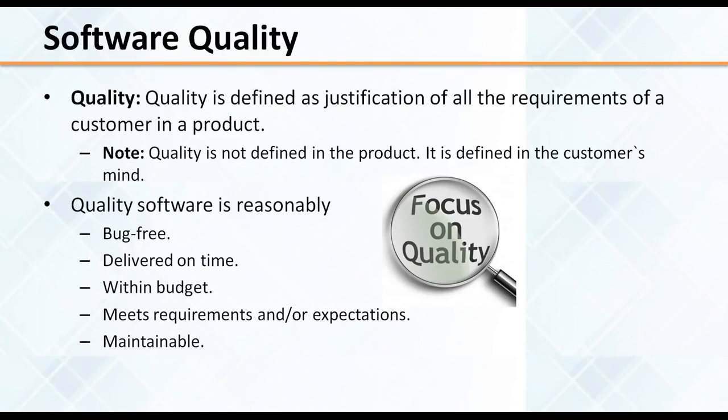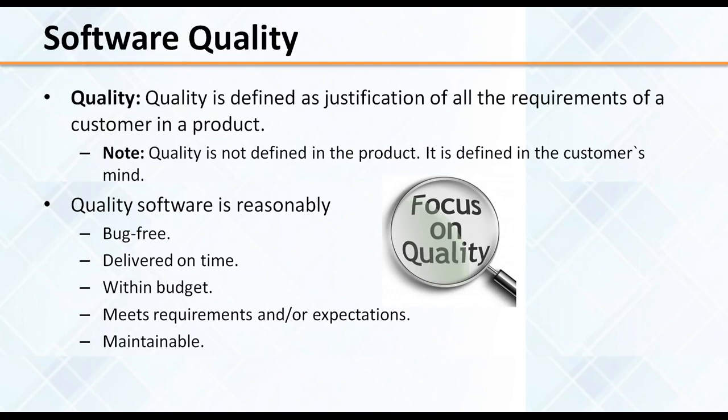Now we are talking about quality. The main objective of software testing is to produce a quality product for the customer. In what cases do we say we are delivering quality software? Suppose we develop software and we say this software is very high quality.